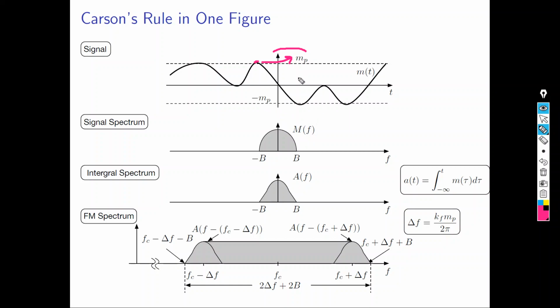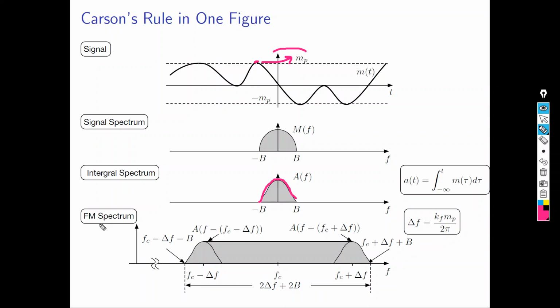If I ask you to find the frequency spectrum of this, it has this shape, bounded between minus b and b with bandwidth 2b. If you integrate it, because I need to use it for frequency modulation, you find that the shape changes to something like this, and the bandwidth remains the same.